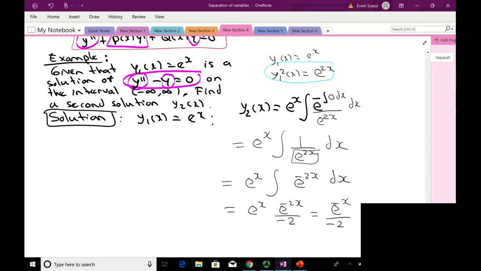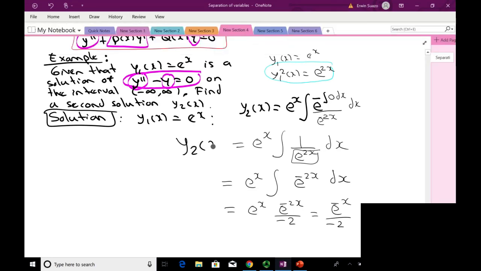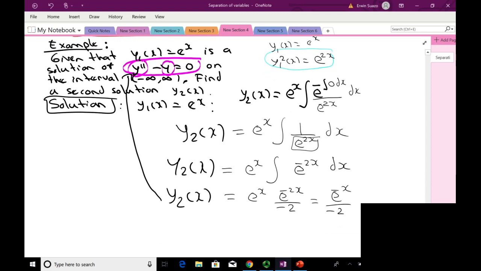So the supposedly y2 of x must solve this equation, right? So y2 of x is e to the minus x over minus 2, right?